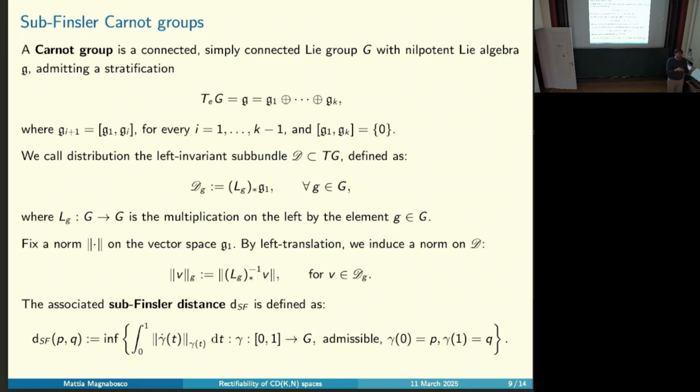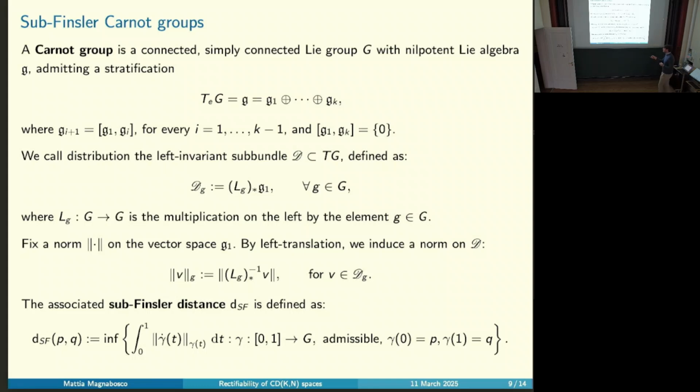And then you would like to do something similar, but of course you cannot do exactly the same, because now you have only a norm defined on the distribution, so you cannot really compute the length of curves which have velocity not inside the distribution.